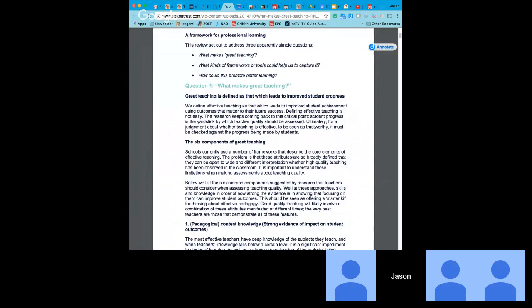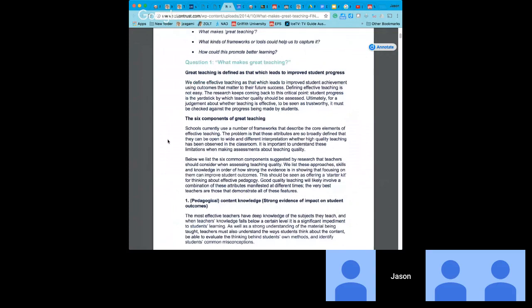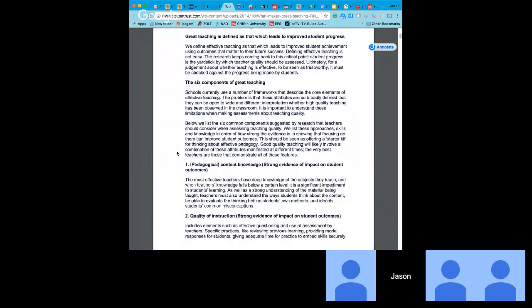This is another report. Wonderful, Damien. So this goes through and identifies 6 elements of really good, effective teaching. And I'll frame that as a good learning environment, because some of you may be looking at online education and other processes, but the concepts should still remain valid.